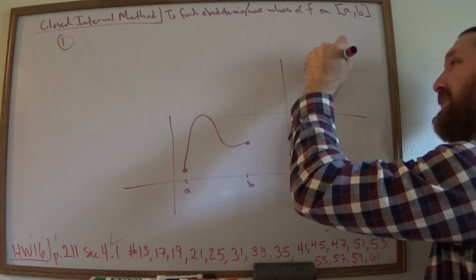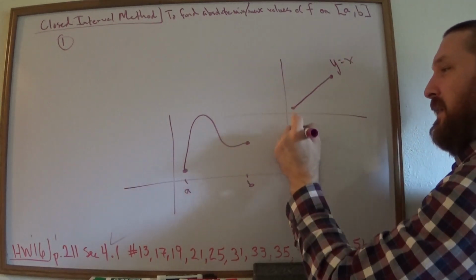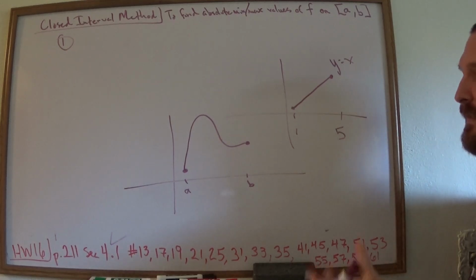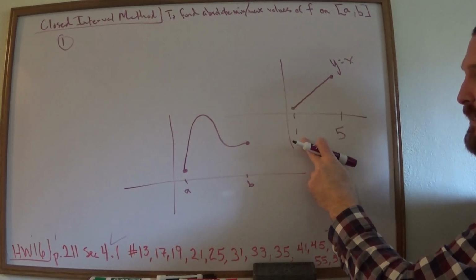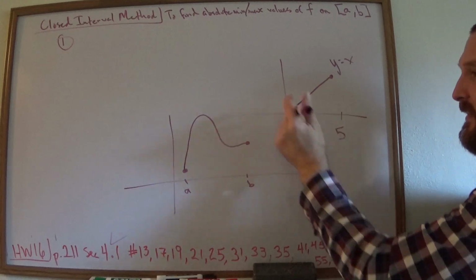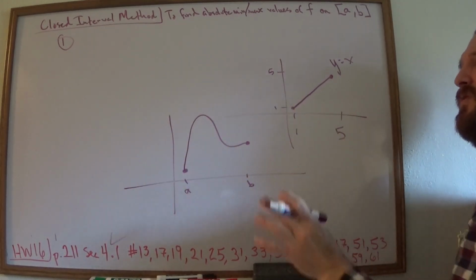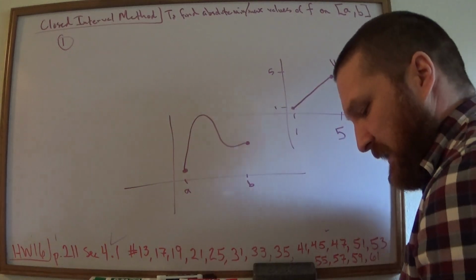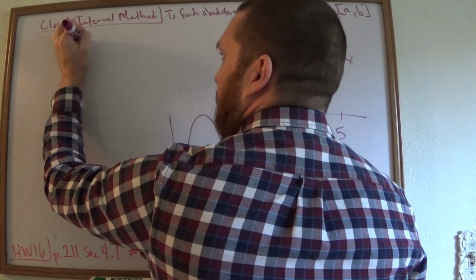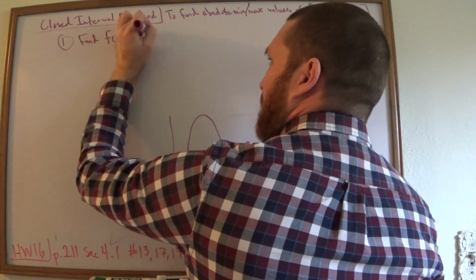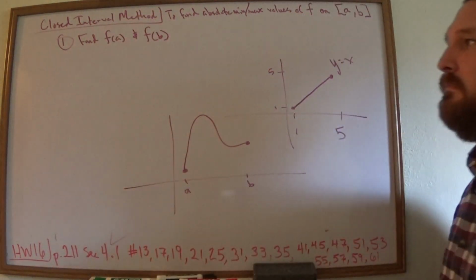So the line y equals x defined on 1 to 5, well, obviously the minimum occurs at that side, and its value is 1. The other one is at 5, where its value is 5. So the way I do it first is I find f of a and f of b. I check the endpoints first.